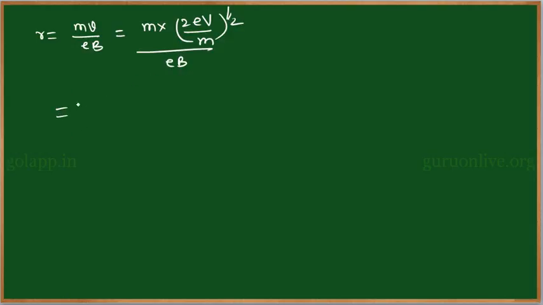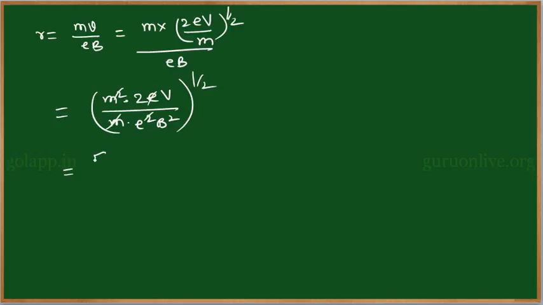If we bring this mass, charge and field into that square root, we will get m square into 2eV by m, into e square B square, whole to the power of half. m gets cancelled, e gets cancelled, that is equal to, the remaining things are 2mV divided by eB square, whole to the power of half.